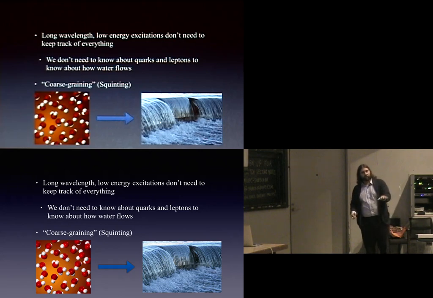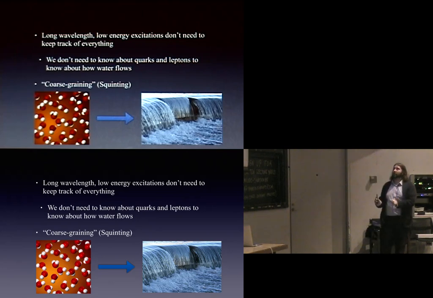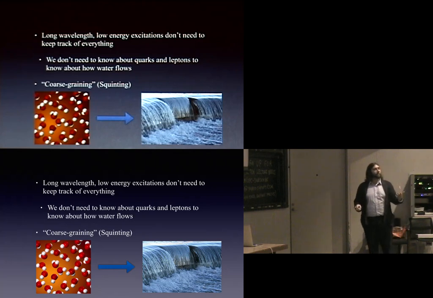There's no fine-grained wave structure in it. Long wavelength, low energy excitations, by that argument, don't need to keep track of everything. They'll know some key properties of what you started with. If I started with a metal, I need to remember that it's a metal, so there are charged things moving through it, but I don't need to keep track of where every single electron is.